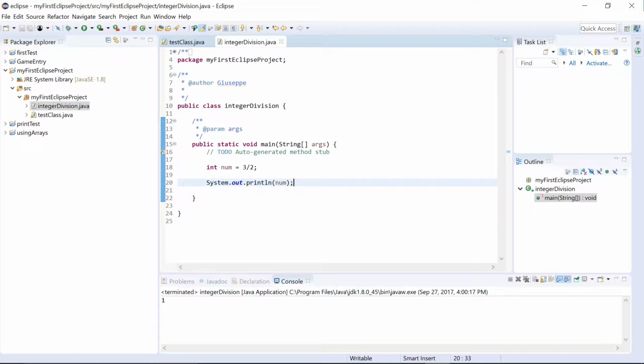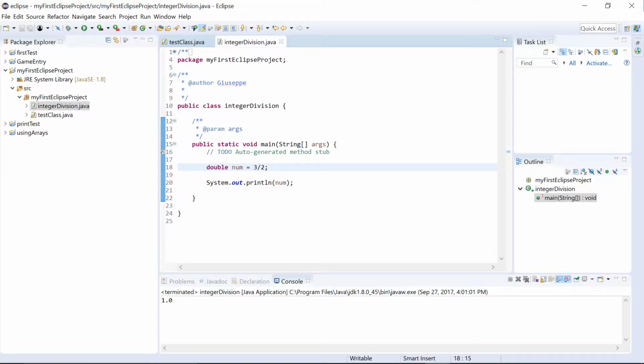Let's look at the right side here for a minute. Java doesn't really care what we're storing it in right now. It's the numbers on the right that matter. So Java is actually looking at 3 and 2 as integers. Even if I change this to a double, we're still going to get 1, even though I made this a double.